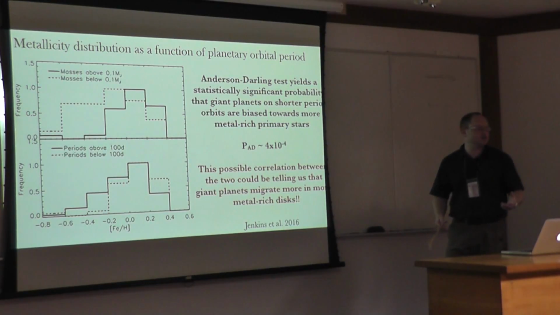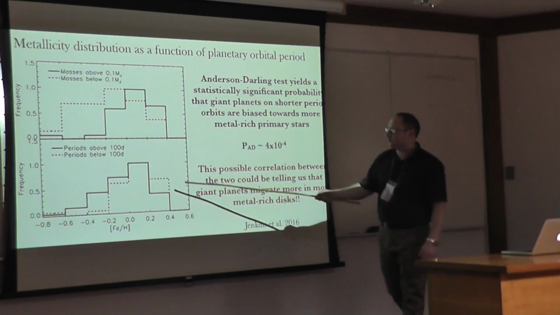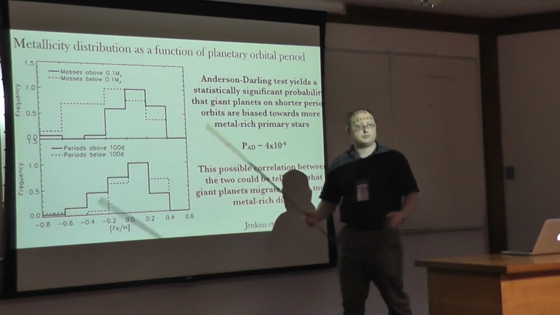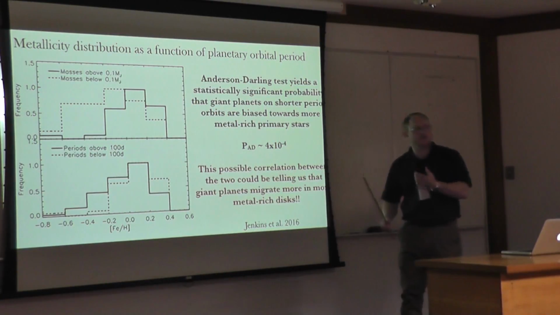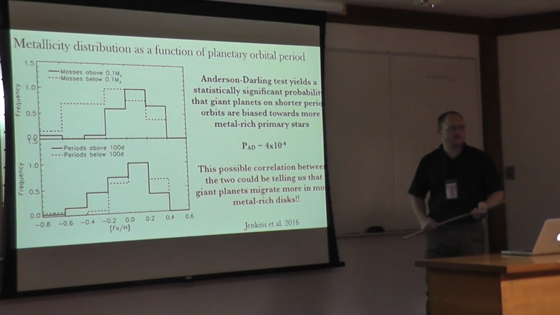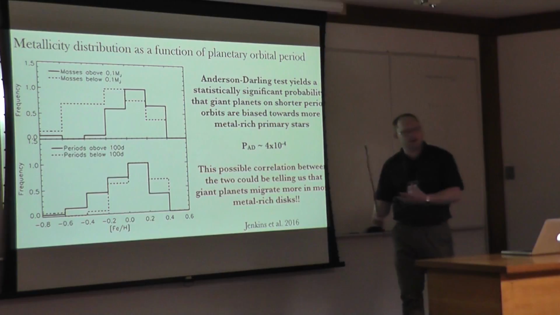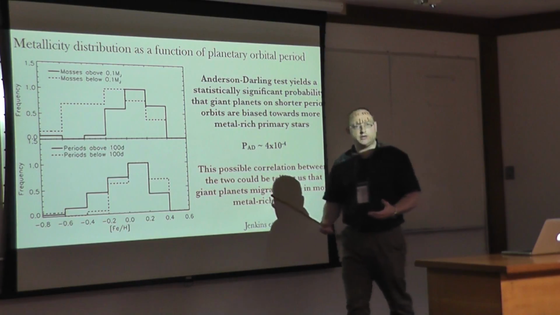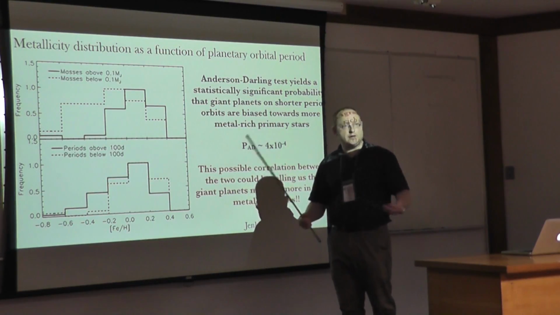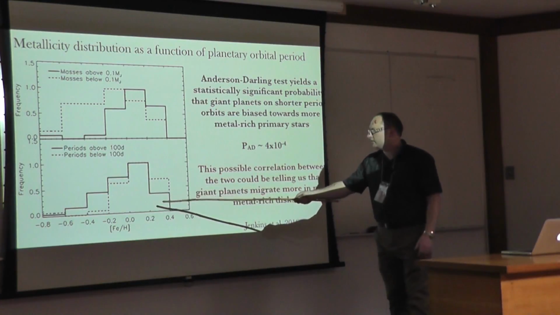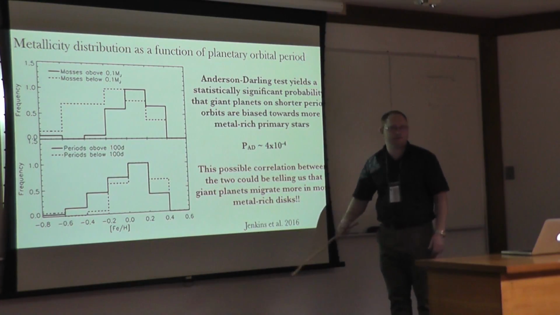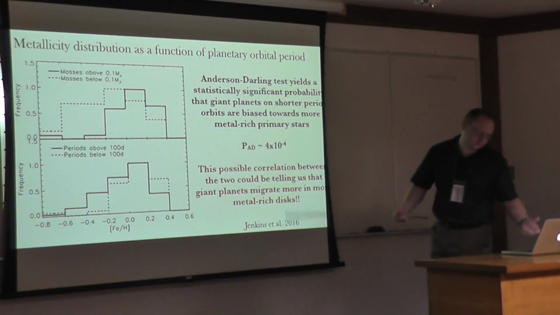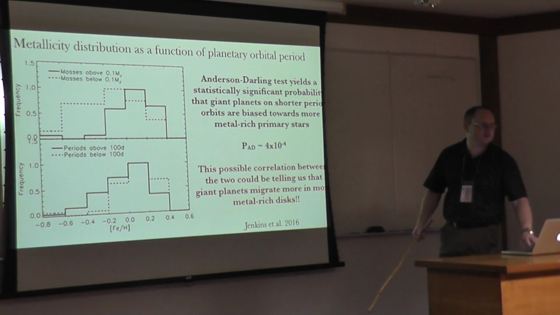I say a change in the distribution, it may mean that there's a correlation with metallicity. So metallicity plays some kind of significant role in migrating planets. Now whether that's because there's a higher disk surface density and you get a stronger interaction at the resonance sites and so you migrate more, that may make sense in this paradigm, given this result. But that's a hypothesis to be tested.